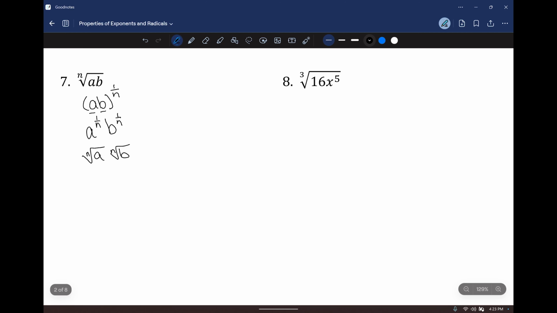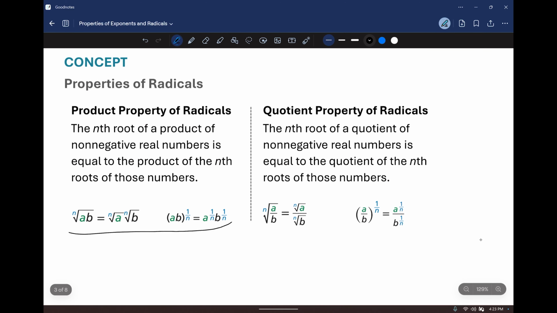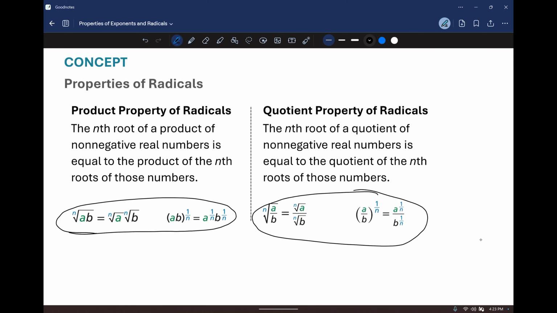And then because I have an nth root times an nth root, that would give me the nth root of ab. And now we have come full circle back to what we originally had. And that concept that is listed down here is exactly what that property is talking about. And it works the same for the quotient property.